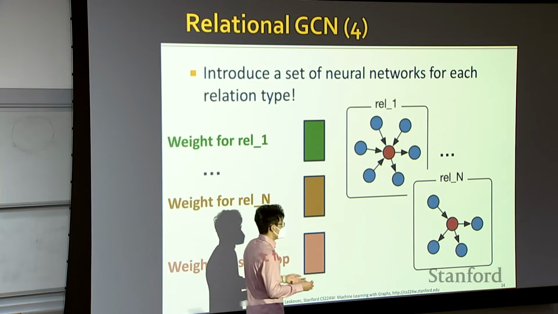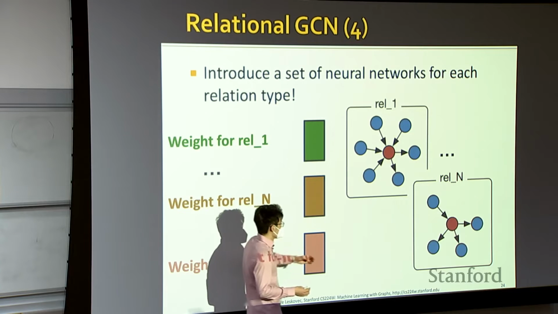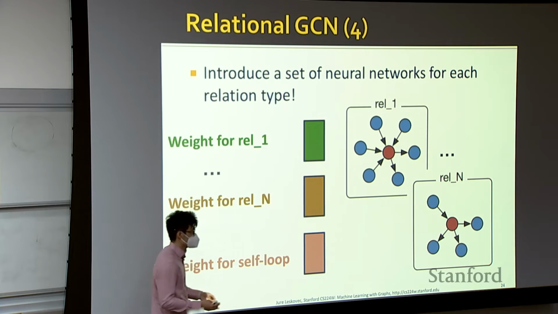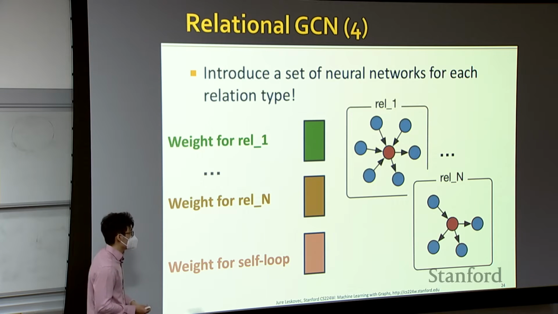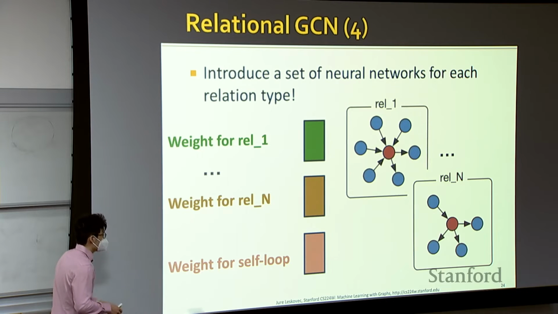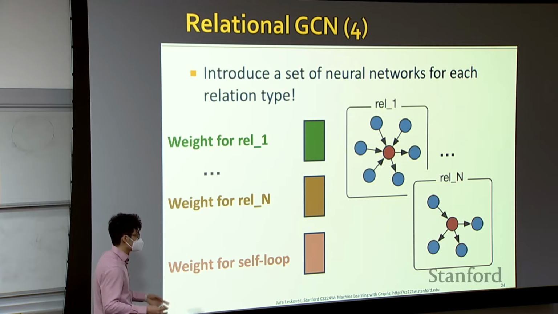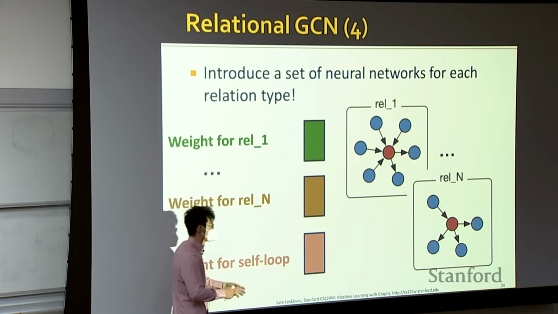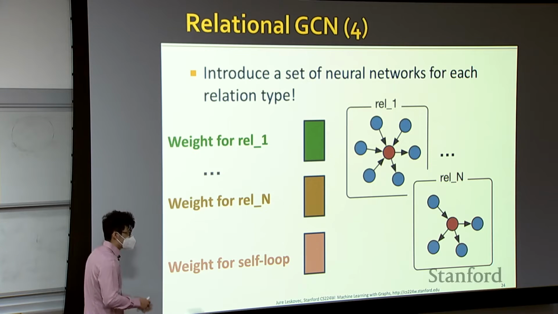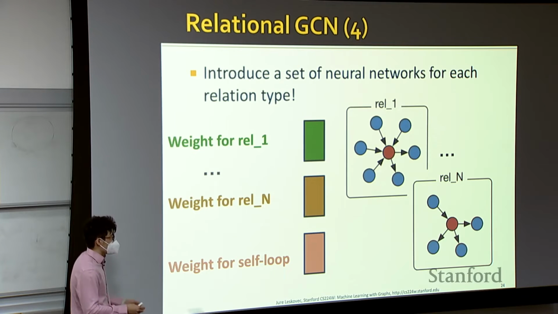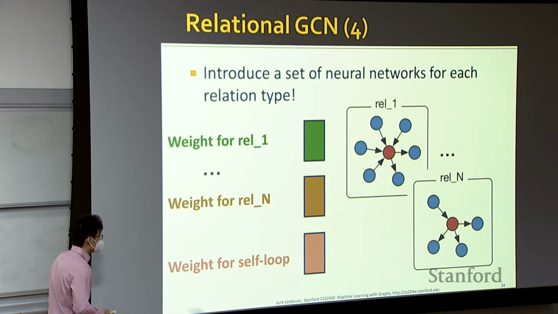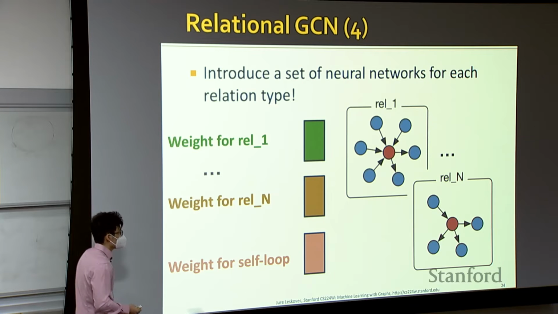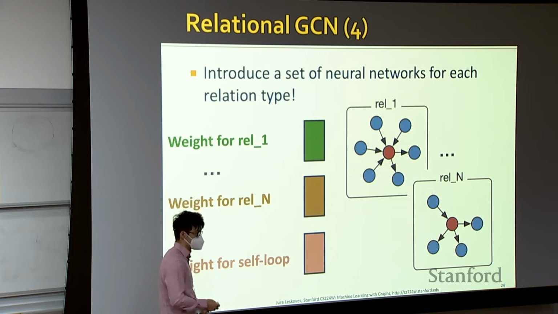Because we can have n different relation types, we can consider n different graphs, each connected with one particular relation type. And what we do can be considered as, instead of learning from one giant graph, performing machine learning on n different relational graphs, one for each relation type. And because there are n different graphs, we have defined n different sets of weights to represent these different types of input graph.